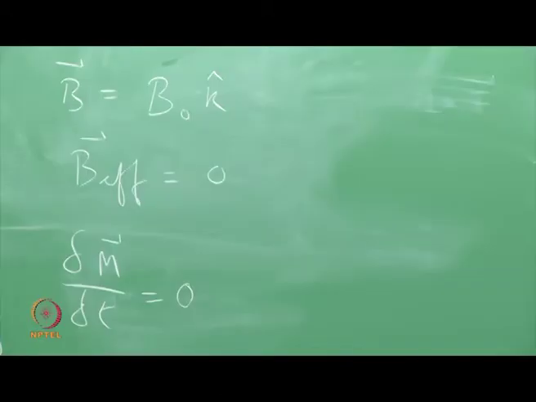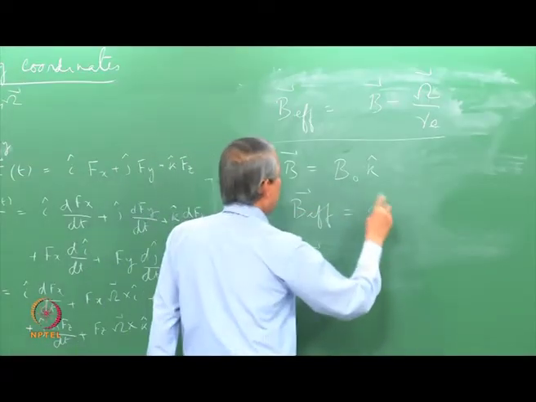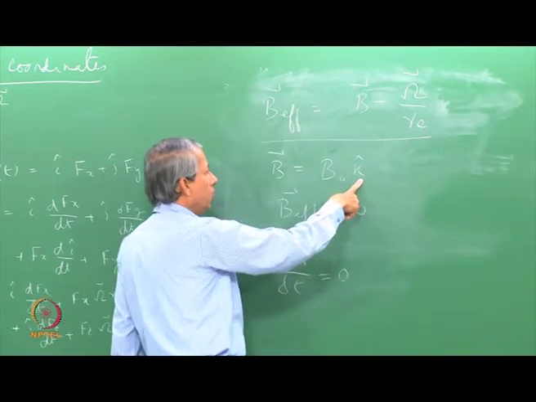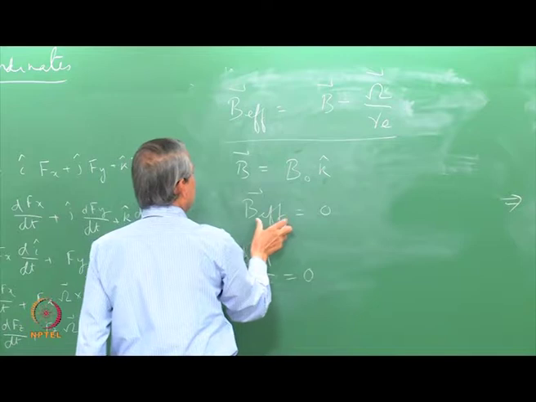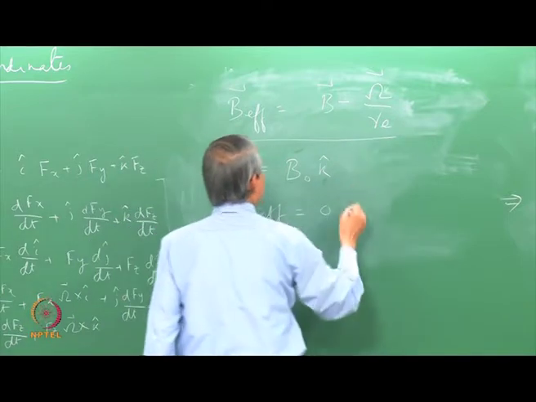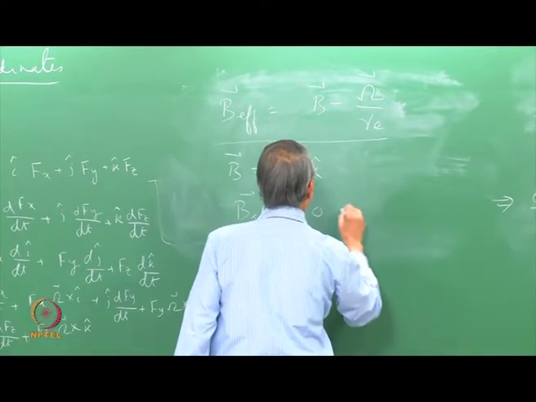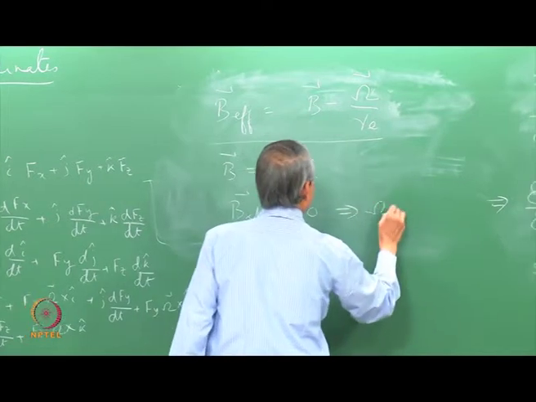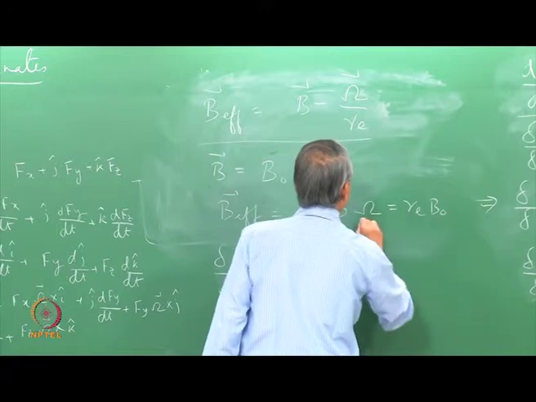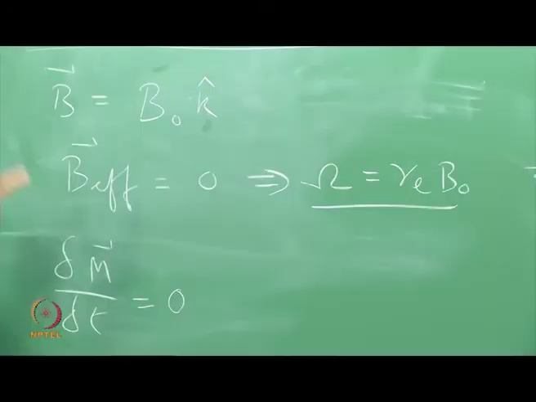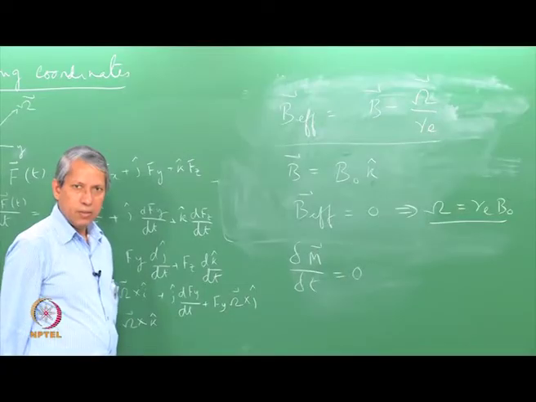So, that means that in the coordinate system which is rotating around the z direction with the frequency omega such that this is 0, or in other words this implies that omega is actually equal to gamma B0, then in that rotating coordinate system the magnetization does not change. So, it appears static.